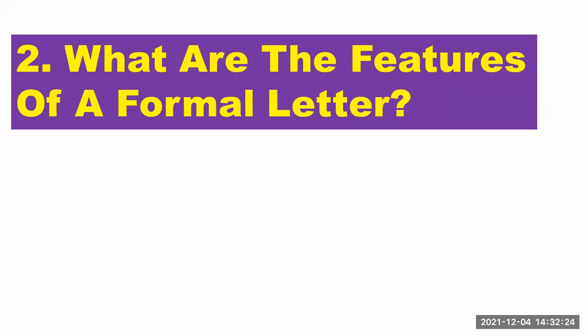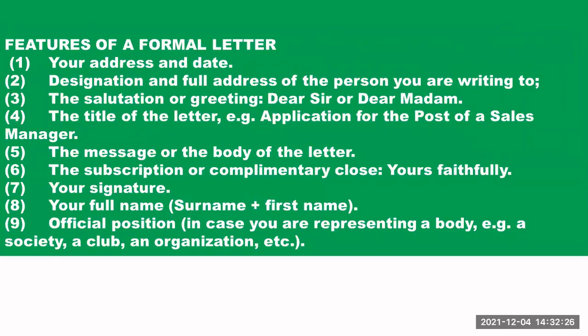Now, number two, what are the features of a formal letter? Now, these are the features, all right? Let's look at the features one by one. The first feature is your address and date. This is followed by the designation and full address of the person you are writing to. That is the receiver's official title.